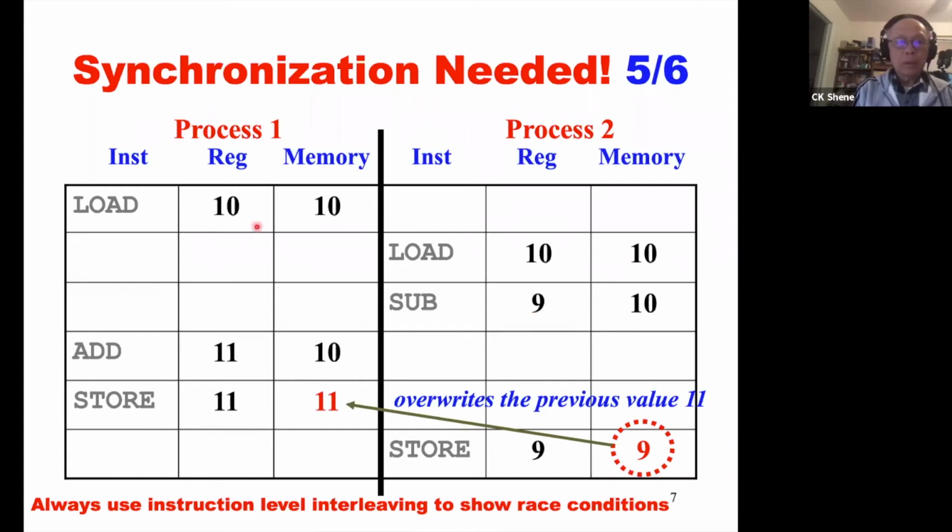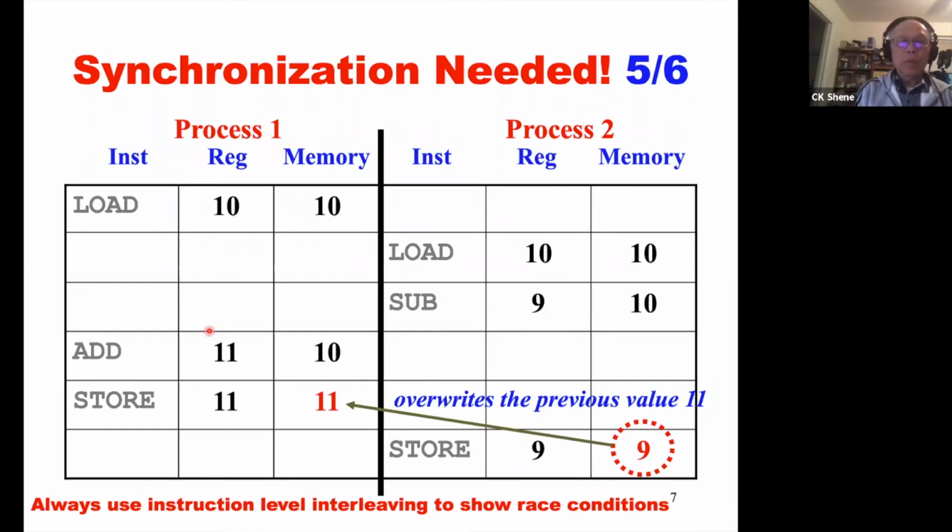Therefore, at this point, the register value 10 will be saved to the process control block of process 1. And when process 2 is switched out, the value of 9 will be saved to the process control block of process 2. Now process 2 is switched out, and process 1 is switched back in.